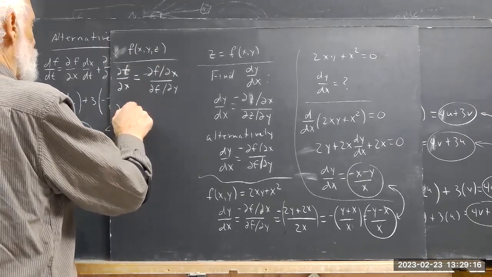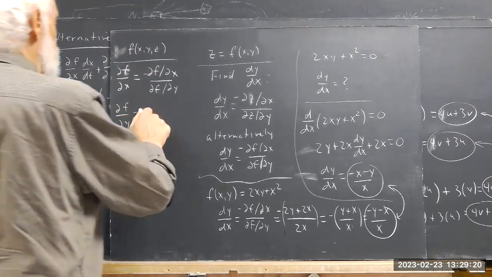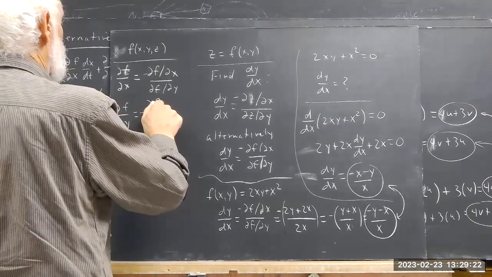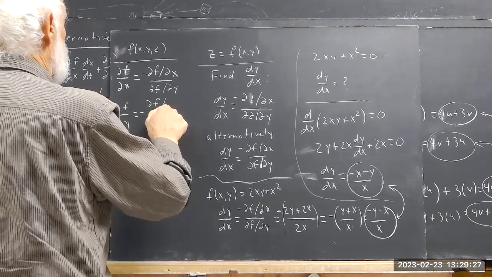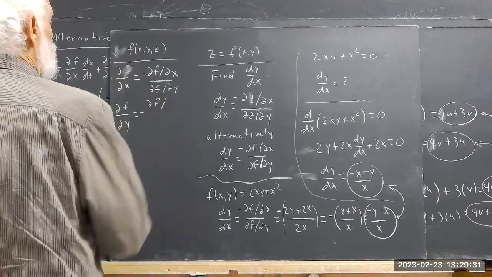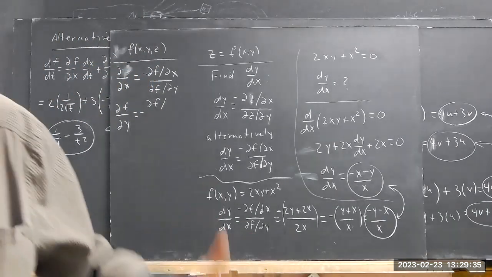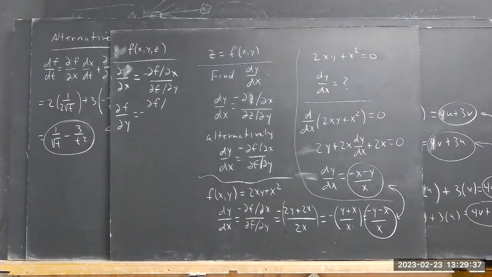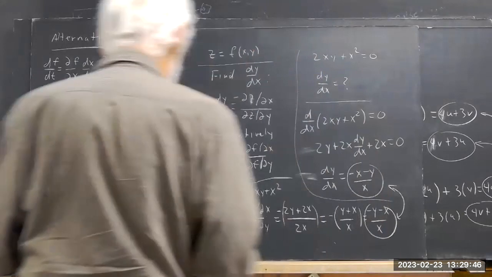And then the partial f with respect to y would be... I'm getting this mixed up. Shouldn't be getting it mixed up, but I am. I get my letters mixed up because I'm thinking straight.